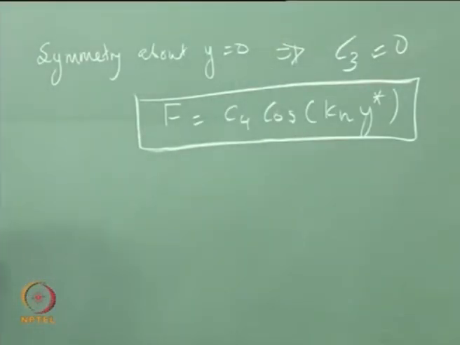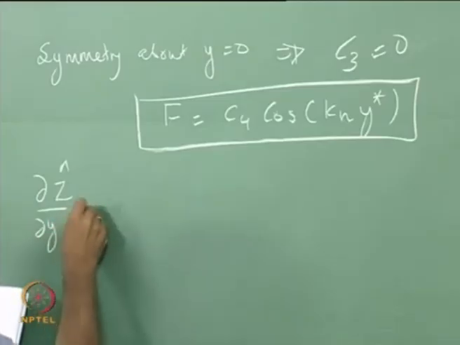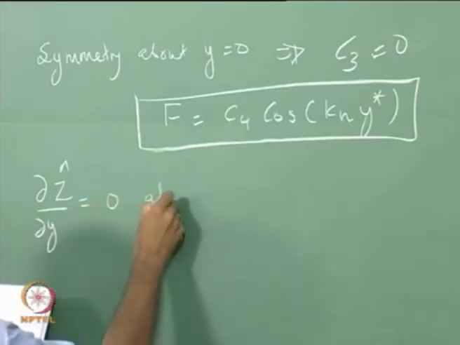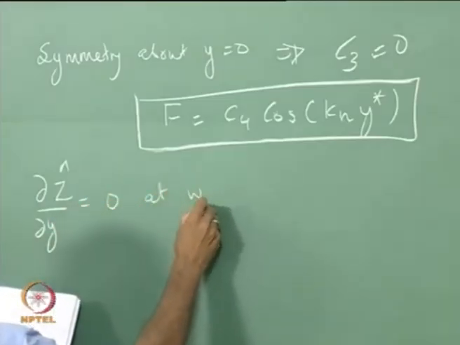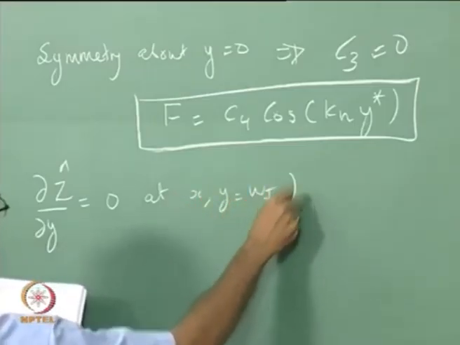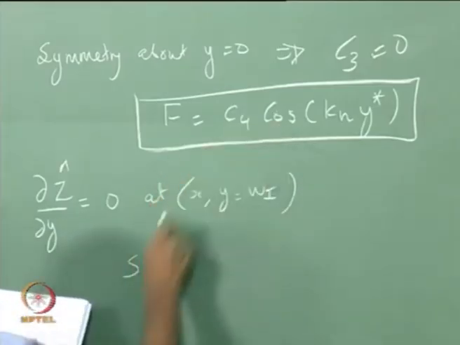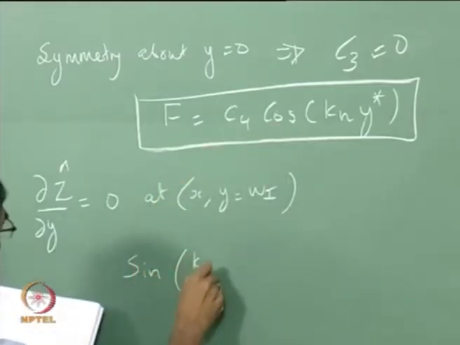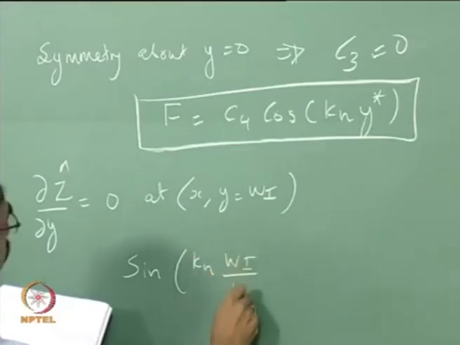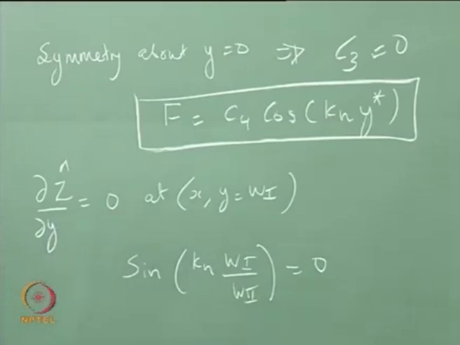Now we know that the dz hat by dy equal to 0 at the wall. So this would give, if you differentiate this you will get sine, so sine kn w1 over w2 equal to 0, and when is sine 0?